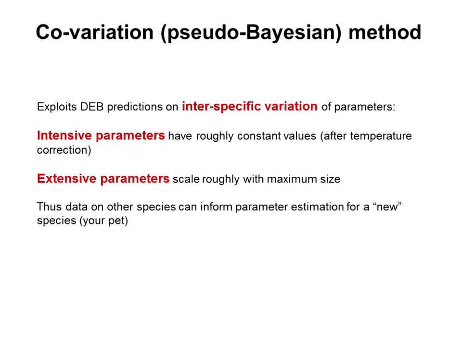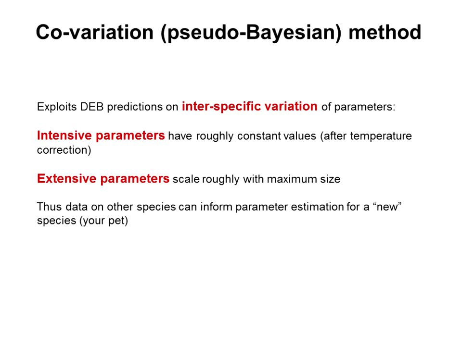Intensive parameters are parameters that have broadly constant values across species, after temperature correction. So these are parameters like the specific maintenance rate, the energy required per unit time to maintain 1 unit of structure, and the energy conductance, which relates to transit through the reserves. These are assumed to be based on fundamental physiology that is broadly similar across many species, and they have roughly the same value.